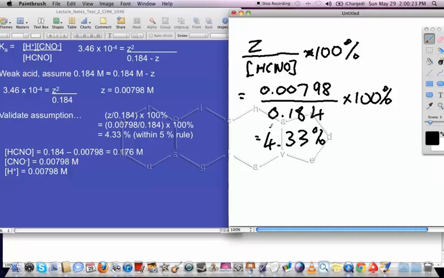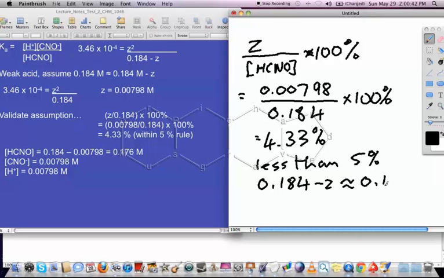Since this is less than 5%, and that's our guideline, that's our breaking point, then we're going to say that 0.184 minus Z being approximately equal to 0.184 was a valid assumption. So understand this.